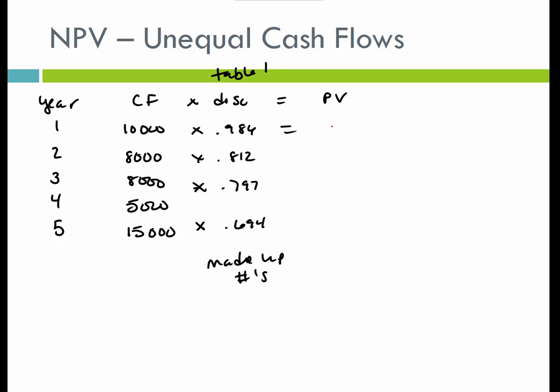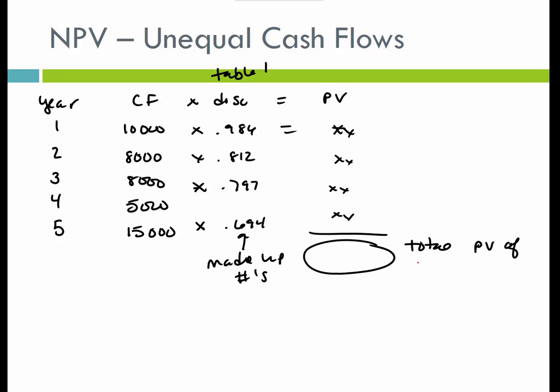And then you would just take that, and so that's going to give you your present value. And then you add all these up. So you've got all these present values of each of these future cash flows. These are all made up. So this will give you the total present value of all your future cash flows. Then you subtract off your initial investment, and that gives you your net present value.